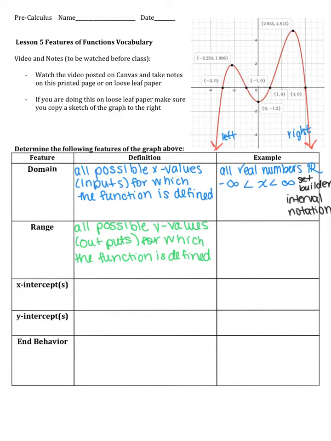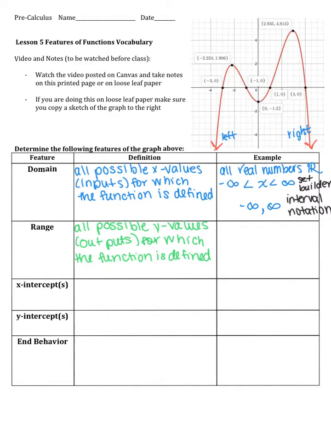With interval notation, you're no longer going to have to use the variable that you are referring to. You're always going to have to label things when you're writing them in interval notation, like you would write domain and then you would write the interval. So our interval for domain here is from negative infinity to infinity, and we just put a comma between our left and our right value.